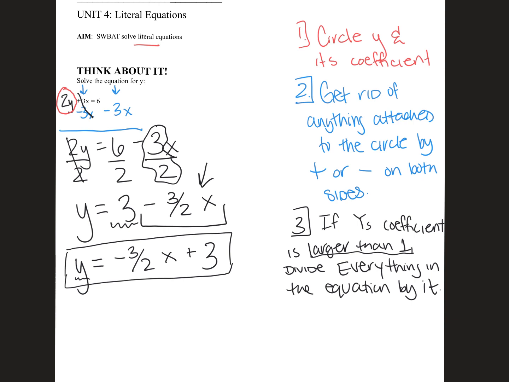Sometimes you might have an extra step. If your coefficient for y is negative, so if this were like a negative y equals, we'd have one more step to do. So I'm just going to add this right now. If y's coefficient is a negative, then you would divide everything by -1 to make it positive.